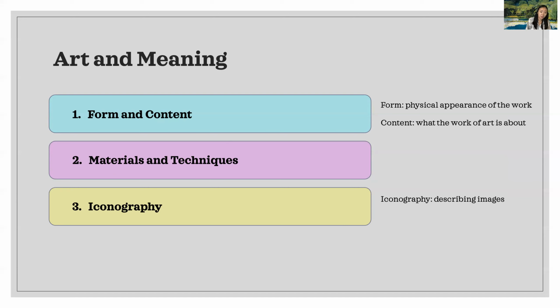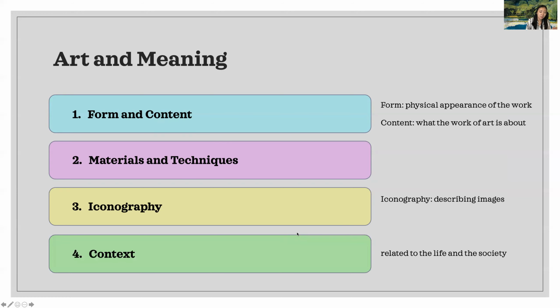It involves identifying, describing, and interpreting subject matter in art. And the last thing is context. Art does not happen in a vacuum. Many works of art relate to the life and the society of their creators.